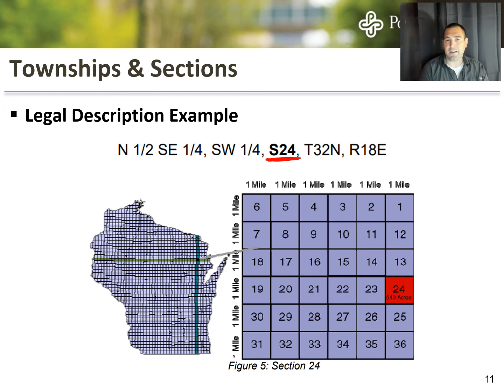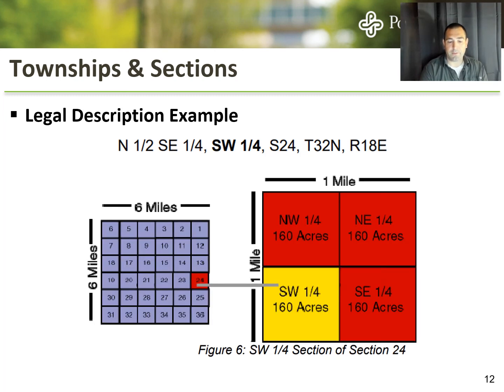Based off the diagram that we have for how the goofy numbering works for the sections, this would be section 24. And so we're just drilling down further and further. I'm in that section 24, that 1 mile by 1 mile grid, and within that, I have these other descriptions that we need to deal with. The first would be, within that 1 mile by 1 mile section, we will be focusing on the southwest 1/4.